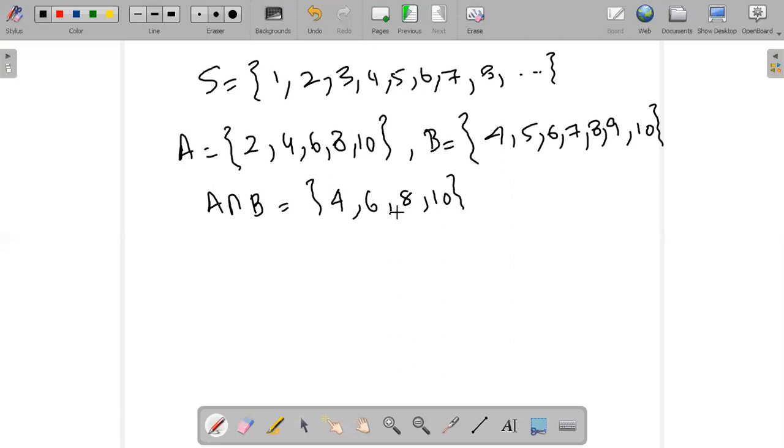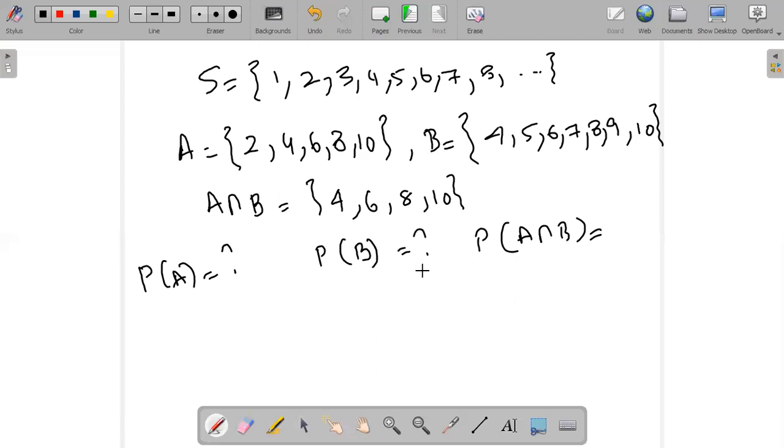Now our question is that we have to find the probability of A, the probability of B, and the probability of A intersection B. If it is known that the number on the drawn card is more than 3, what is the probability that it is even?